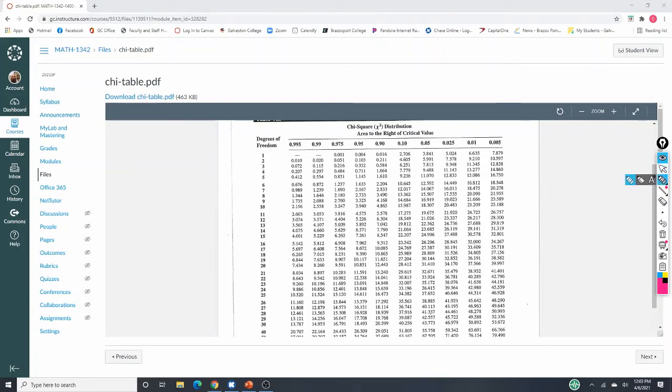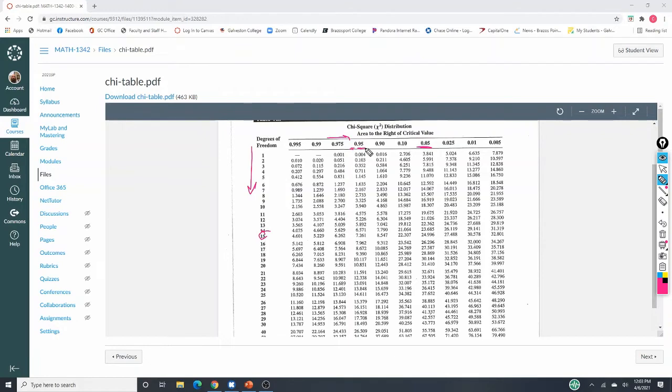Our degrees of freedom runs this way, and then our areas are running this way. It said 15, so that's going to be important. And then we said 5%, so 0.05, and 1 minus 0.05, which is 0.95.